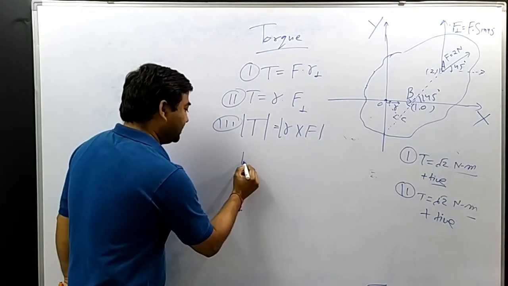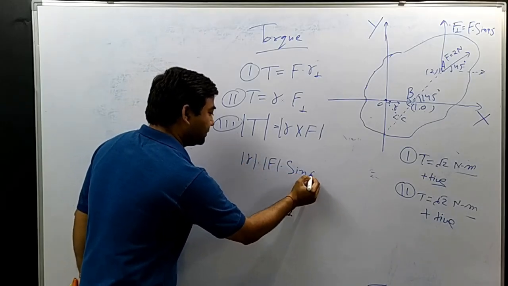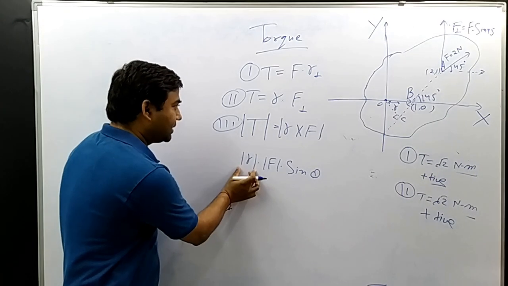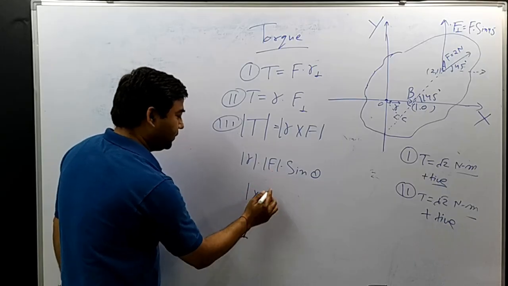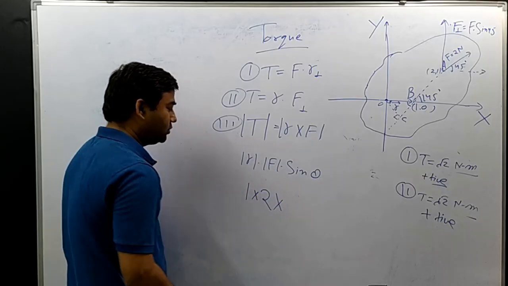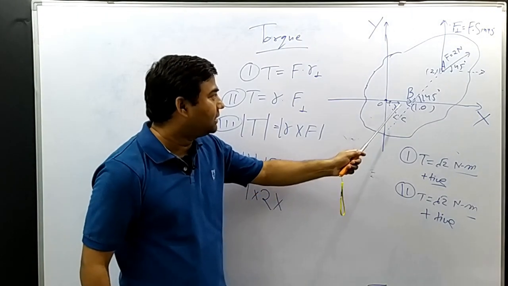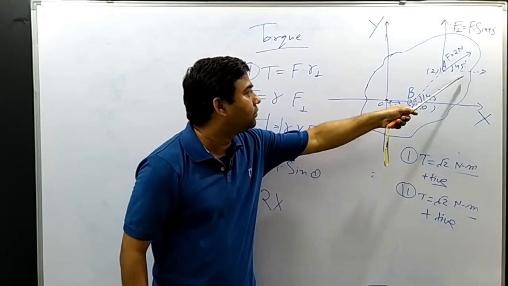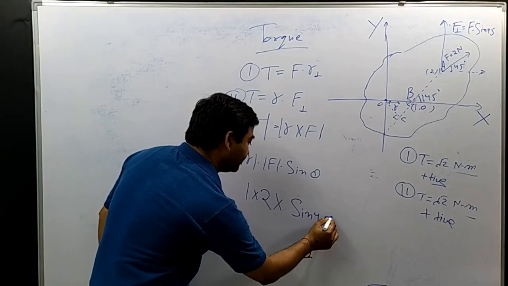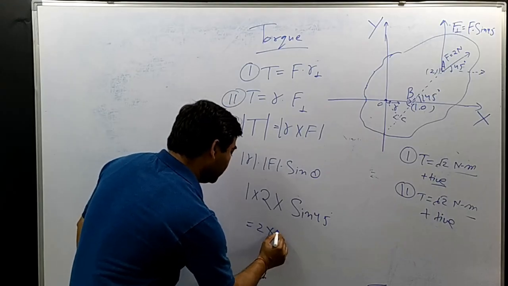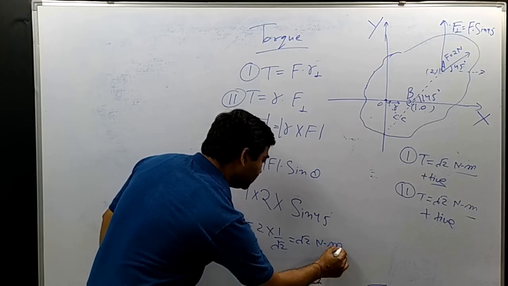We can write it like this: mod of R into mod of F into sin theta. Mod of R, that is vector OB, is 1, into mod of F is 2, into sin theta, and theta is the angle between R and F, which is 45 degrees. So it is sin 45. You can write it like this: 2 into 1 by root 2 is equal to under root 2 Newton meter.